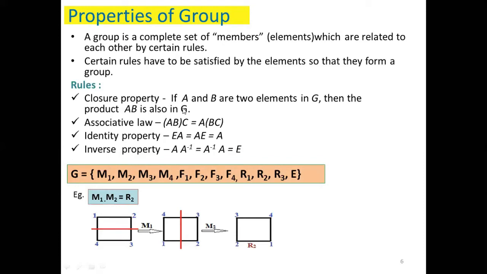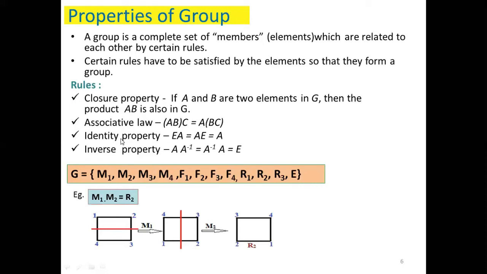That is, the group is closed under this addition or multiplication operation. Next is the associative law. When we perform multiplication of A and B first, followed by multiplication with C, it should be equivalent to B and C multiplied first, followed by A.